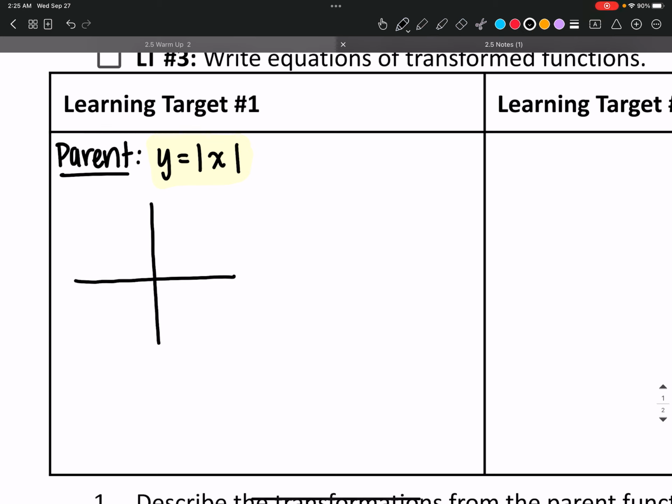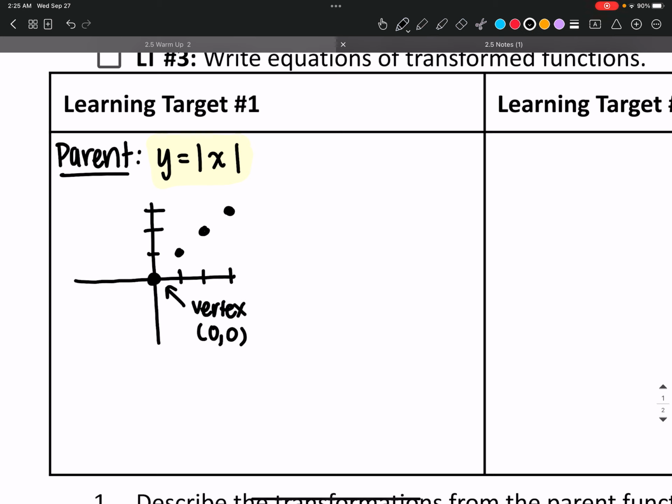What I notice about it is that its lowest point is its vertex, which is at 0, 0. I know that to the right, the slope is 1. So as I go to the right one, I go up 1, right 1, up 1, right 1, up 1.